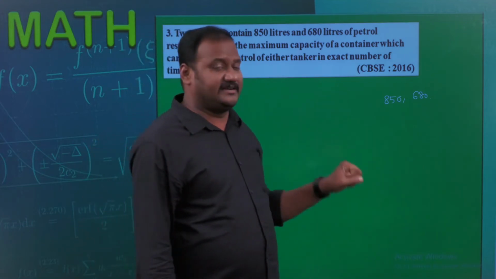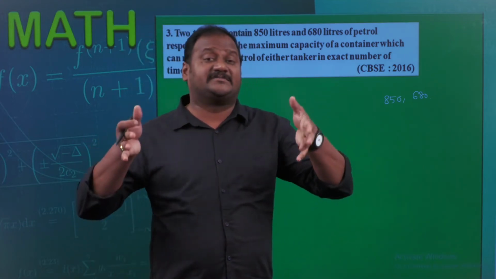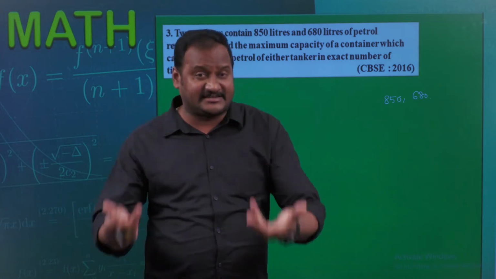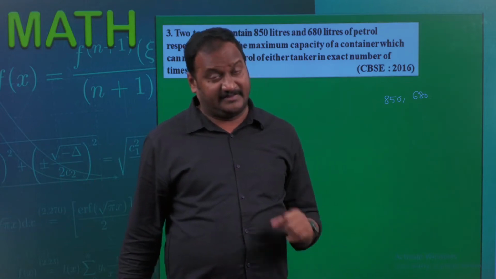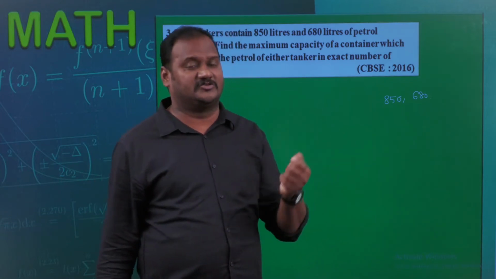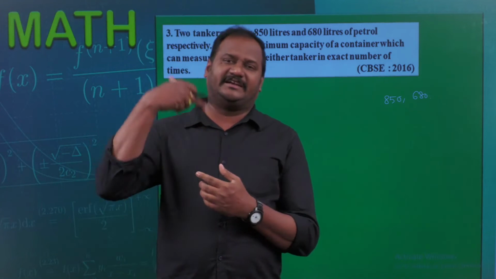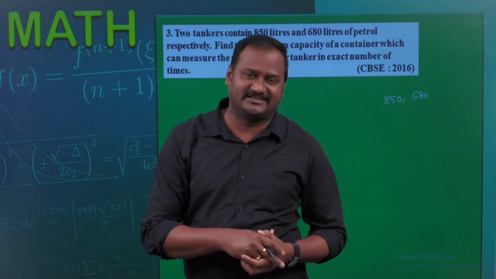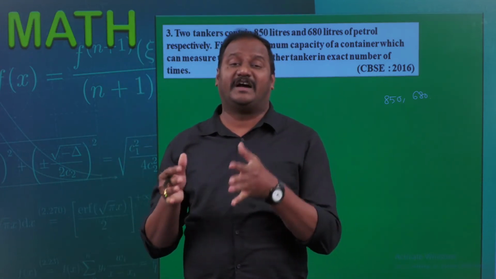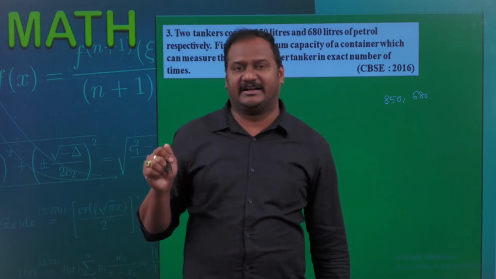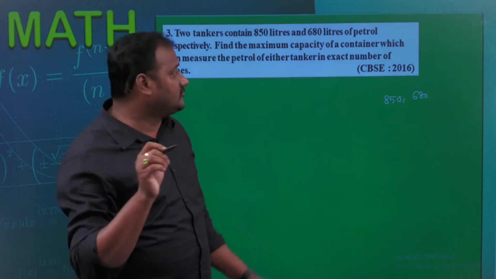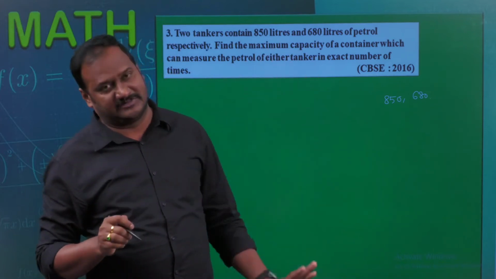So you need to find the greatest number which divides both the two numbers. What do you mean by the greatest number which divides both the two numbers? That is the highest common factor of both the two numbers. So it is understood that you are asked to find the HCF of these two numbers.